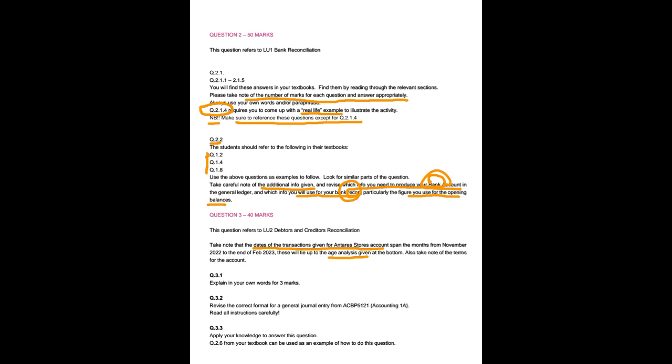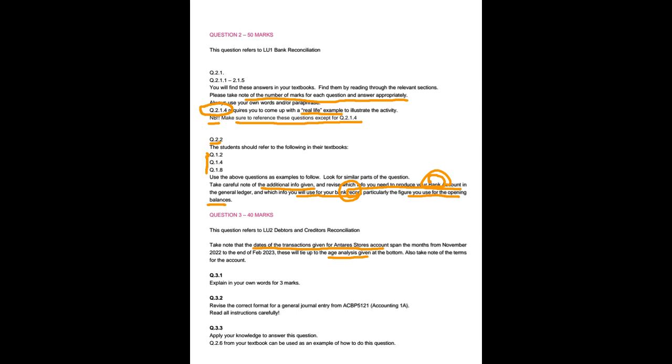And then also just remember where it comes to the balance, this is a debtors account, which means that the balance column is a debit balance because a debtor is an asset in your books, and assets increase on the debit side, and assets have got a carrying debit balance.